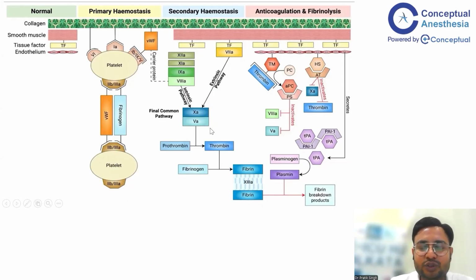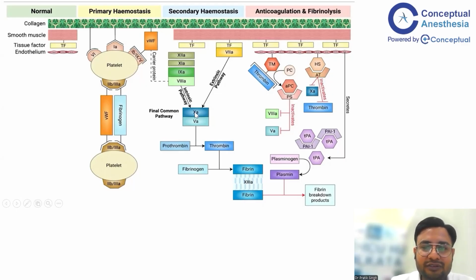There are lots of autocatalytic coagulation factors like 5, 8, and 10. As soon as factor 10 is activated, it activates 5A and prothrombin is converted to thrombin, then finally fibrinogen to fibrin, and finally fibrin with the help of other coagulation factors.